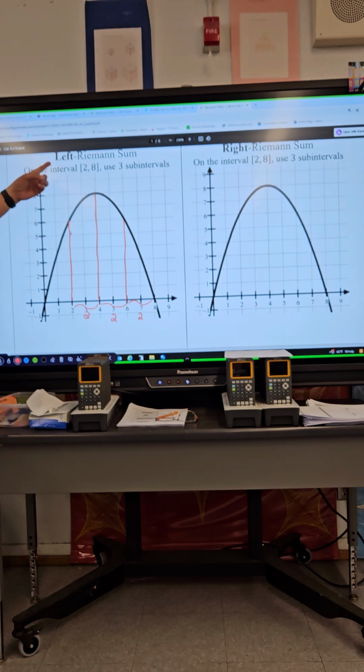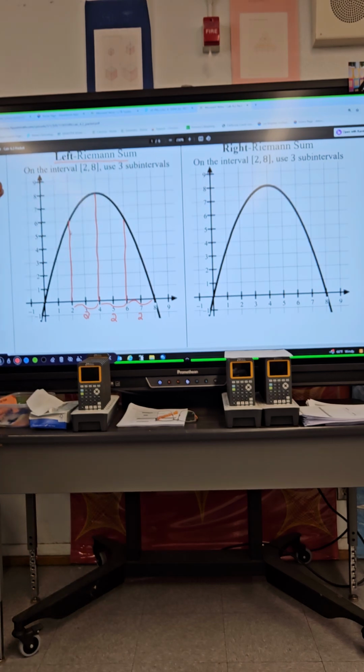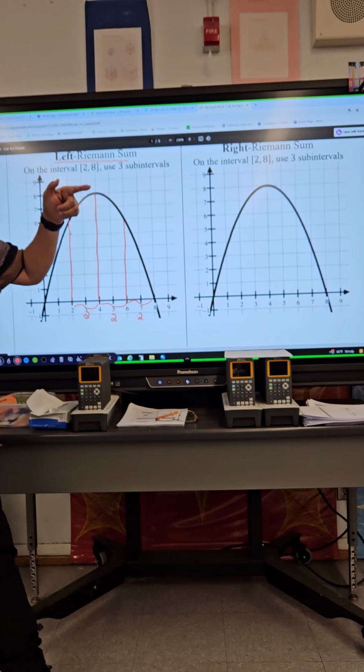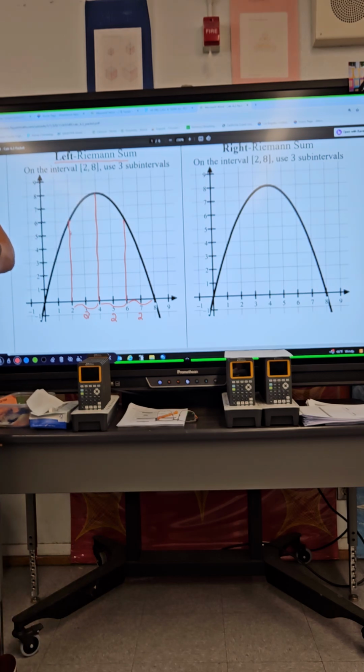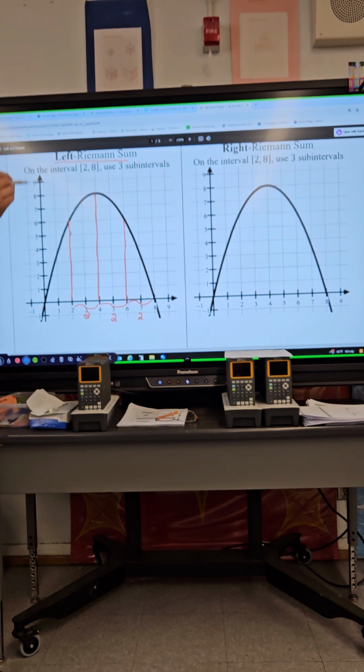Now it says left Riemann sum. I'd like you to create a clue so you will remember. Left Riemann sum, the direction is to the right. Now, for left Riemann sum, what is mentioned right here first? Highlight it if you have a highlighter or colored pen.